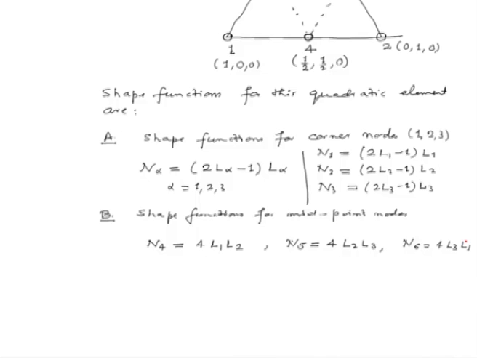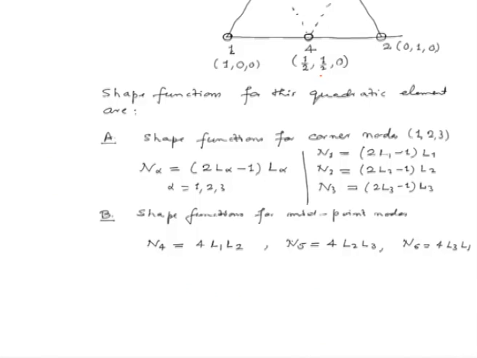It is very easy to verify these things, because at node 4 for instance N4 must be equal to 1, and since coordinates are 1 by 2, 1 by 2, their product L1 L2 is 1 by 4, so this must be multiplied by 4 and so on.